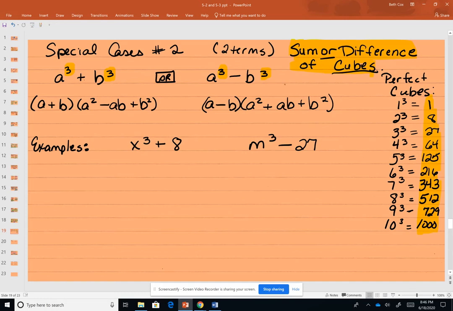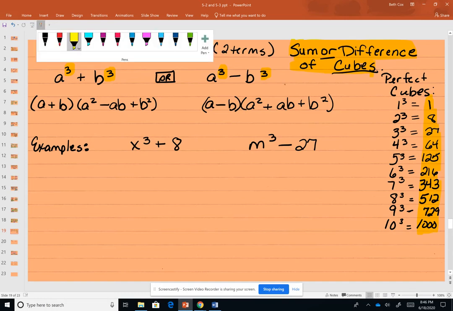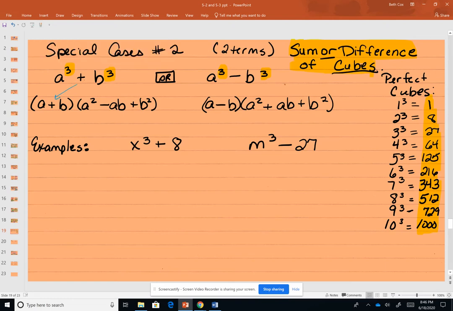When you have the sum of cubes, the formula is a plus b, and then we have a squared minus ab plus b squared.